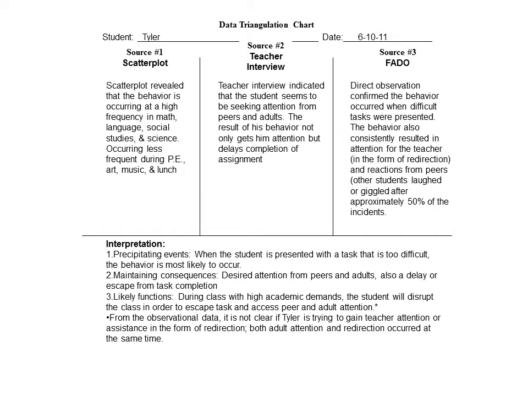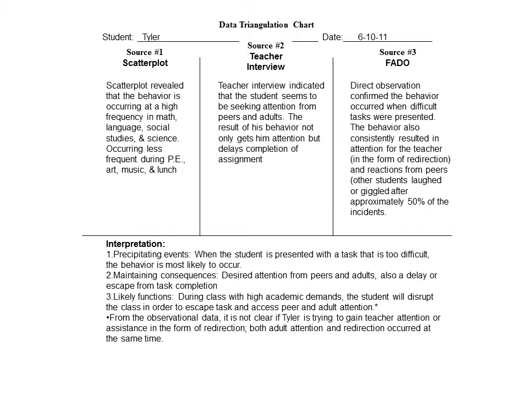So if you look at the scatter plot, it showed that Tyler was having some difficulty during math, language, social studies, and science, and problems happened less during PE. So that doesn't tell us much about specific antecedents, but it does indicate what times of the day are going to be more problematic.